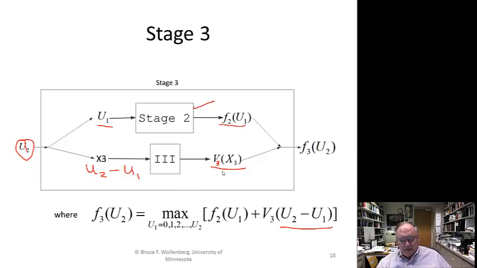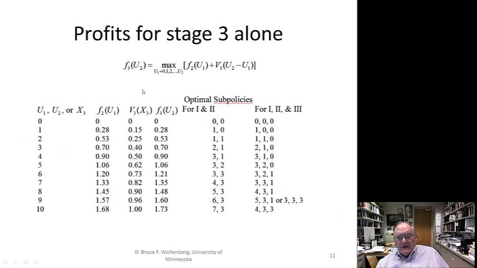That's X3. So we now have a table that looks like this, and you'll notice now that you don't see X1 or X2 anymore. You see this that we generated before, and we have a table for X3 for 1, 2, 3, 4, 5, all the way up to 10.